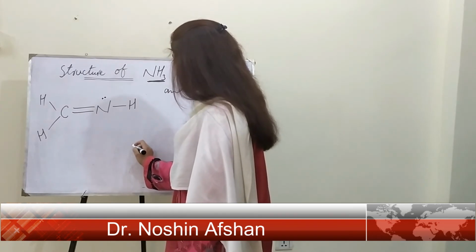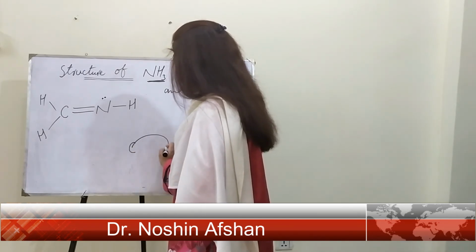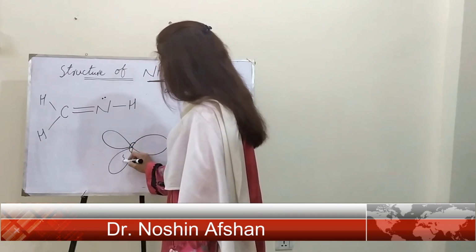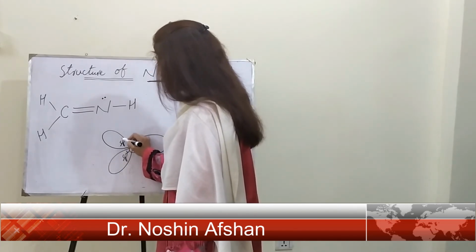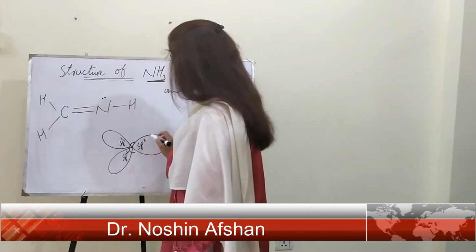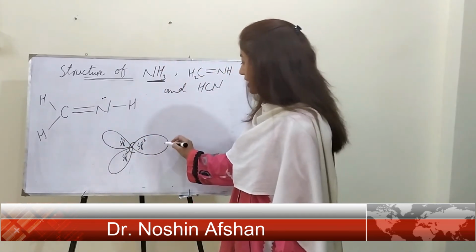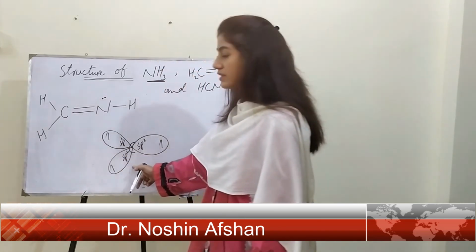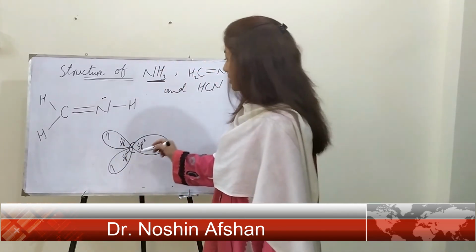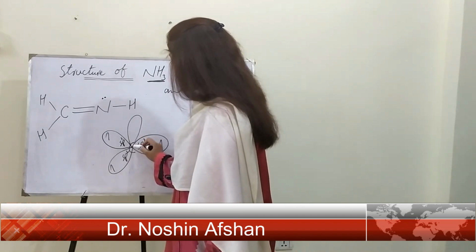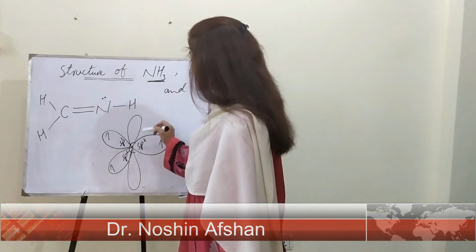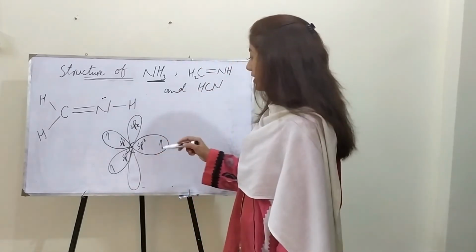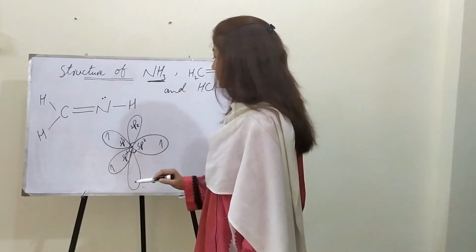In the case of carbon, as there are 3 hybrid orbitals that are sp2, all of these 3 have 1 electron in each of them, and there is one unhybridized atomic orbital, that is 2pz. This is in the case of carbon.